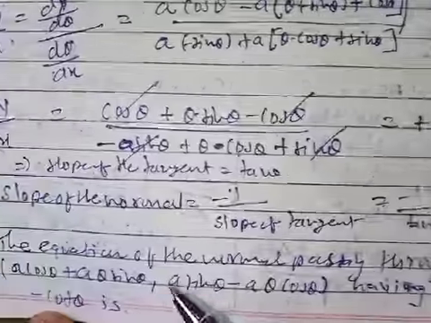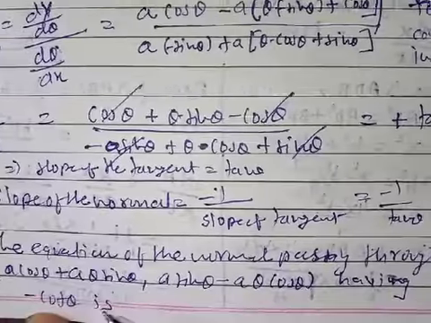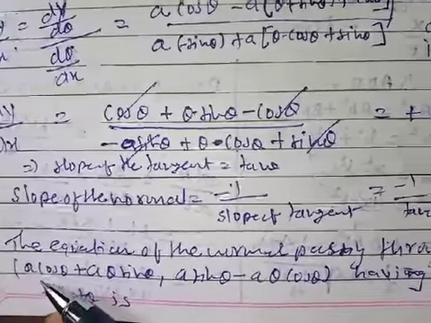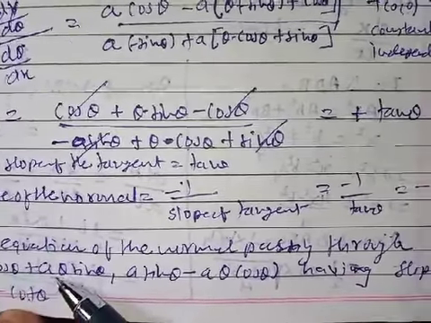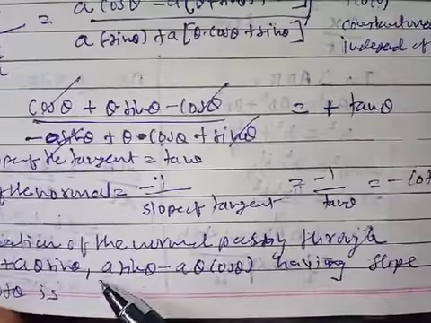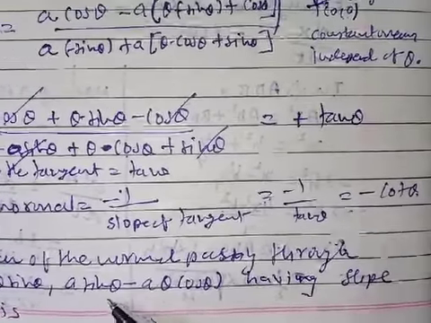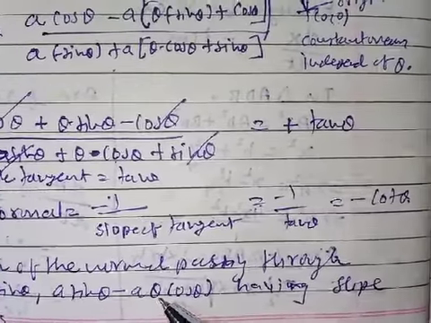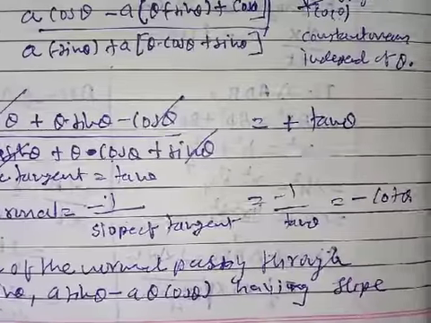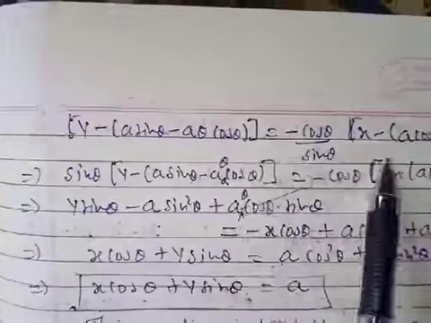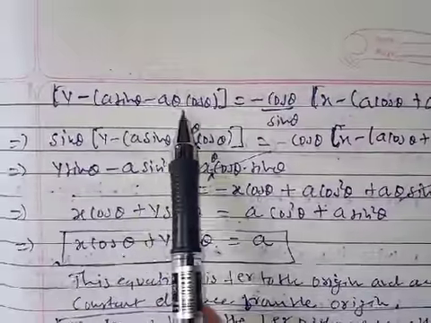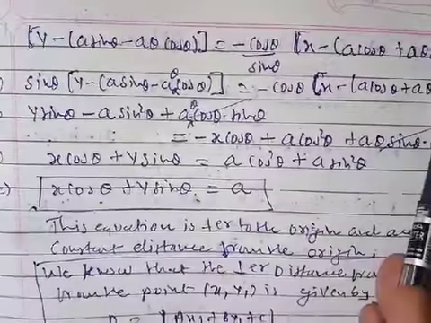Now we know the equation of the normal passing through the point x = a cos θ + aθ sin θ, y = a sin θ − aθ cos θ, having slope minus cot θ. We substitute into y − y1 = m(x − x1).